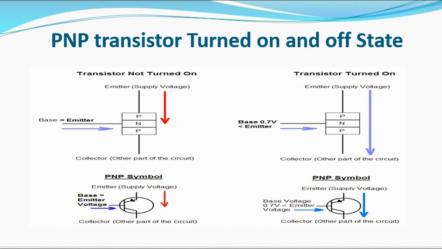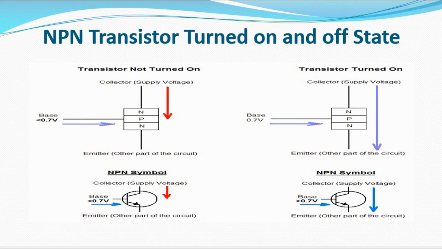In terms of that, you also see the NPN. Take your time to watch this carefully and understand how it works. In the NPN, even in the turn-off state, the base is delivering 0.7 volts. Even when it is not on, it has 0.7 volts.